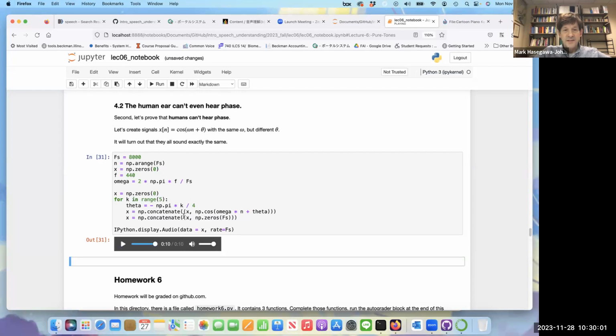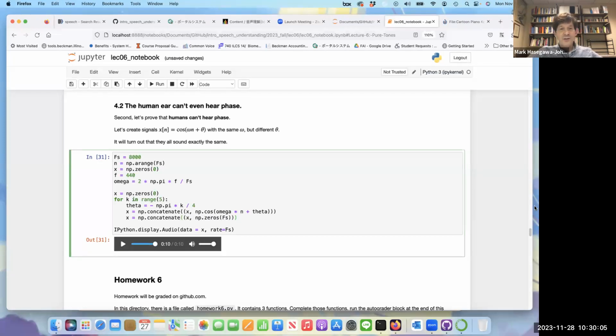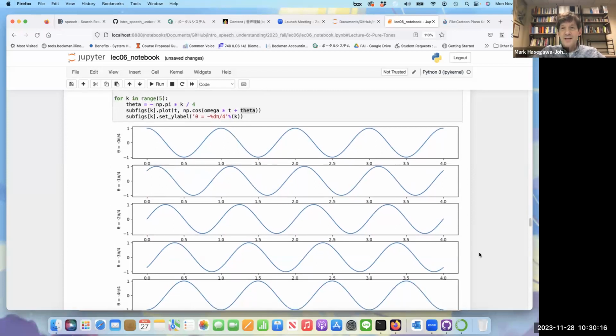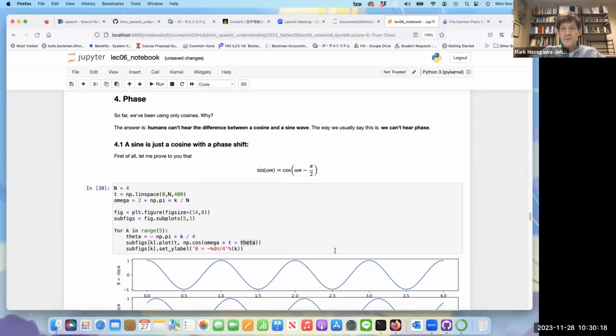So I added zeros in between so you can tell them apart. And you can hear that even though these 5 signals look different when you plot them, when you listen to them, they sound exactly the same. And so for that reason, we can go ahead and use cosines. We don't really need to worry about whether we're using cosines or sine waves.